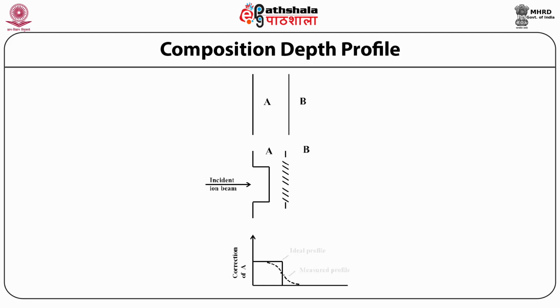Here, the depth scale of the profile is based on the average etching rate, and the measured concentration of elements with higher etching rates provide higher sputter yield, which would be higher than the exact concentration of the specimen. Secondly, the incident ions can smear the interface during the depth profiling.